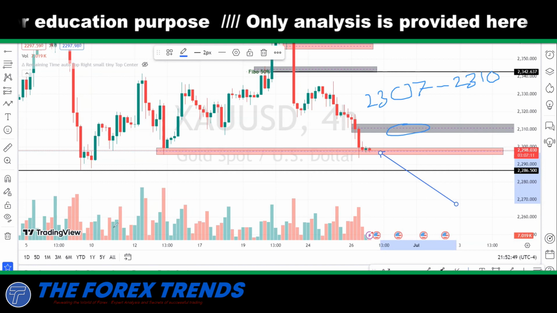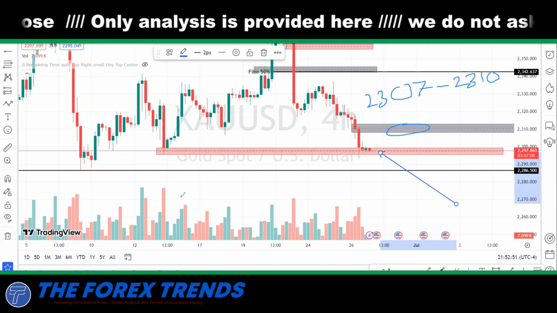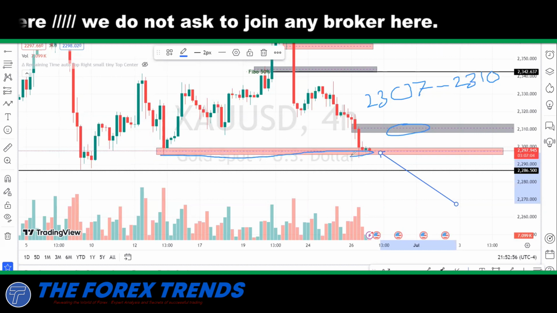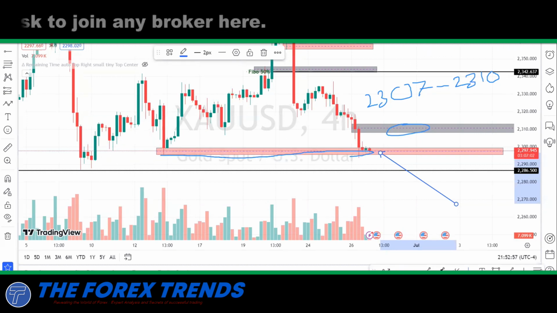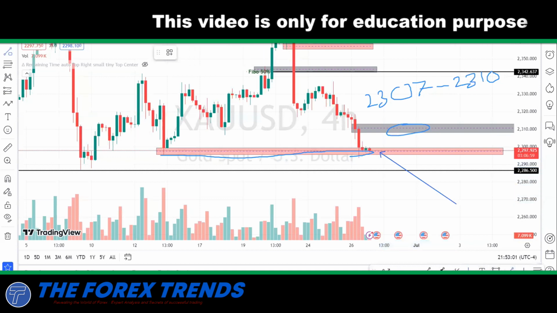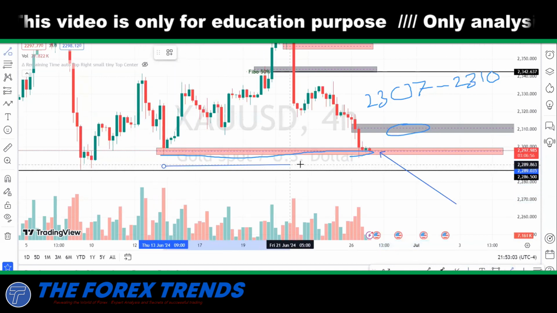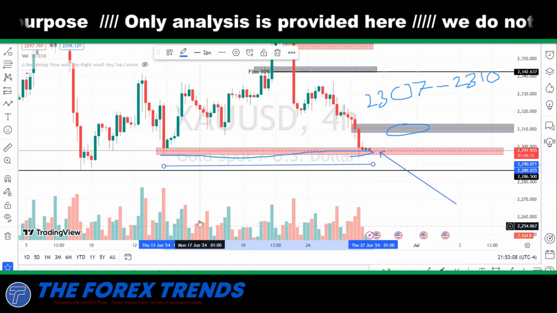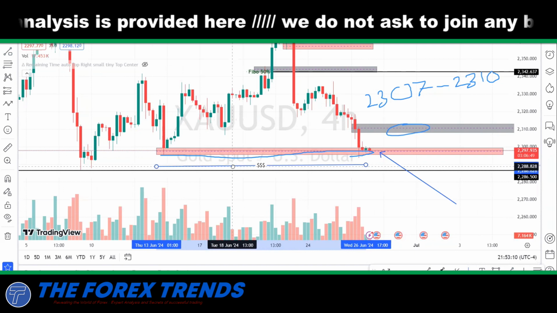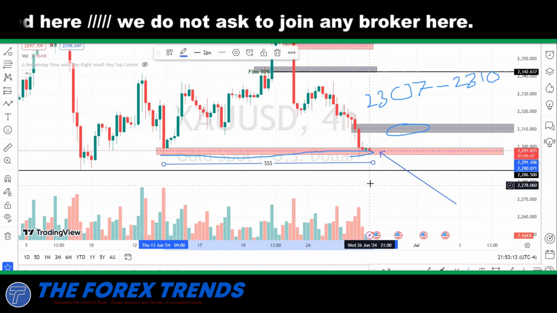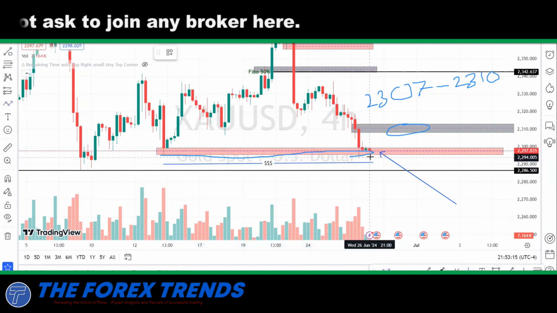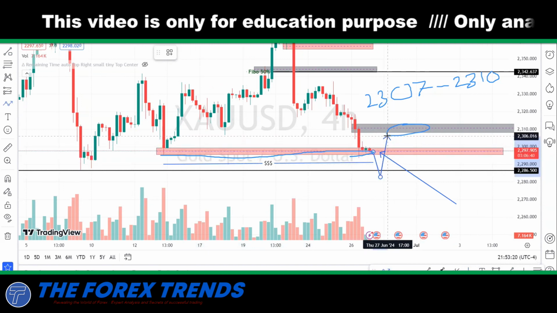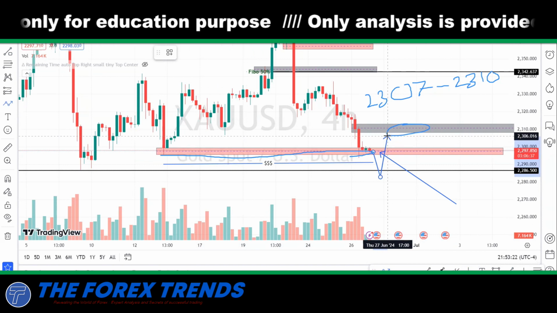Okay. And another thing you need to keep in mind is that it creates relative equal lows at this zone. That means it forms a liquidity zone here. The market may come down and test it, spike up to this level and then go up again if GDP data comes negative today.